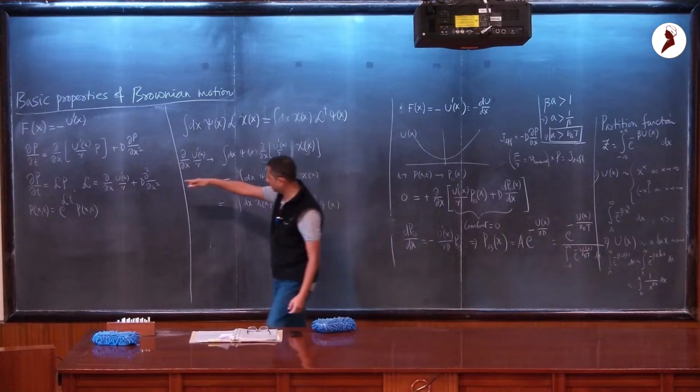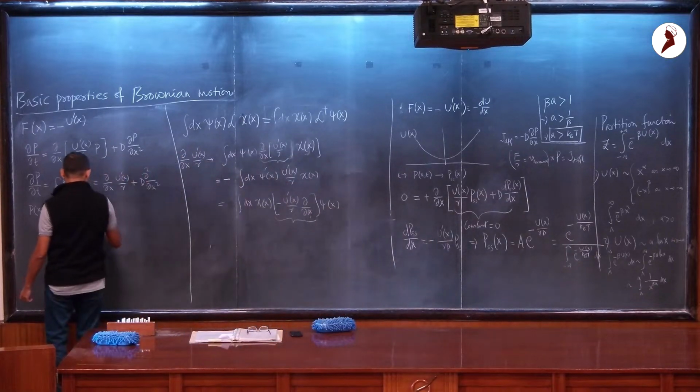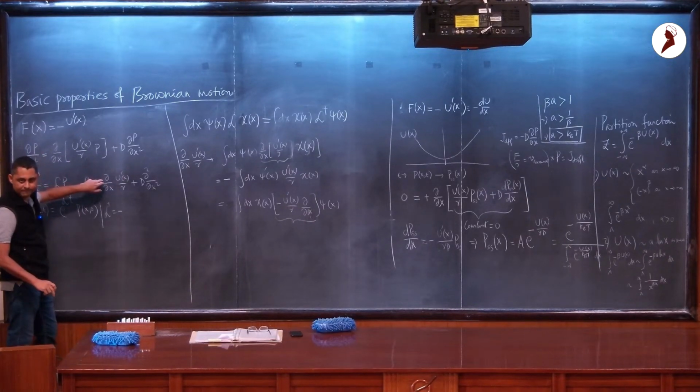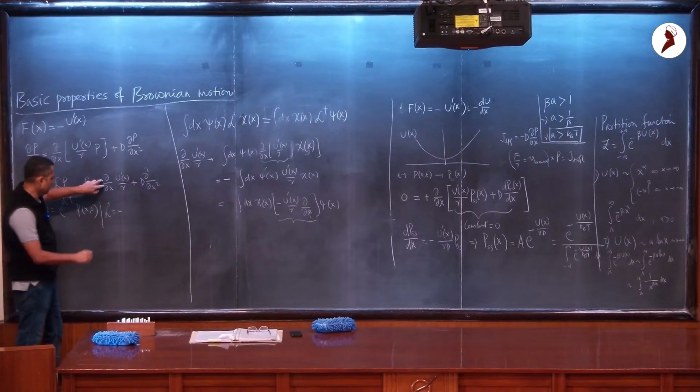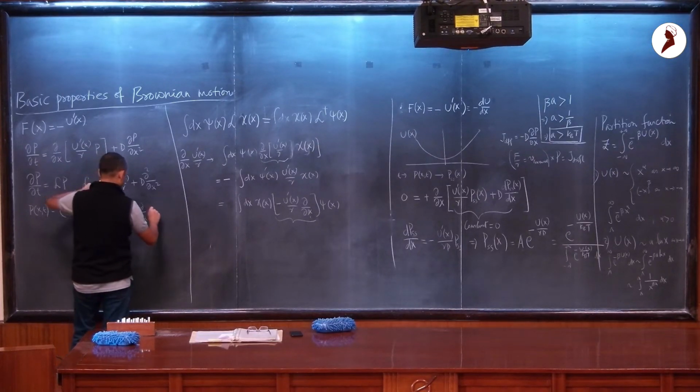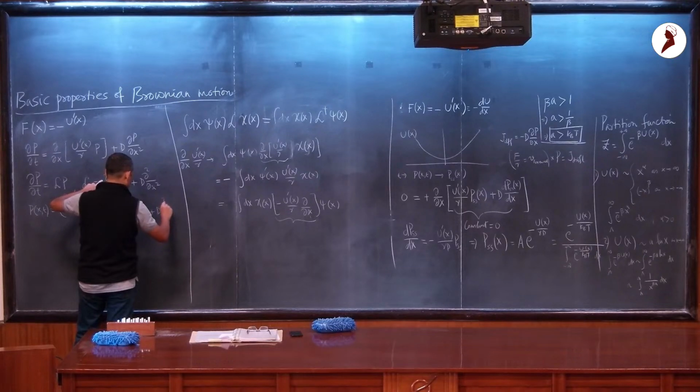So if I look at the adjoint of this operator, this comes outside and there is a minus sign. So minus u'(x)/γ ∂/∂x plus D ∂²/∂x². Okay.